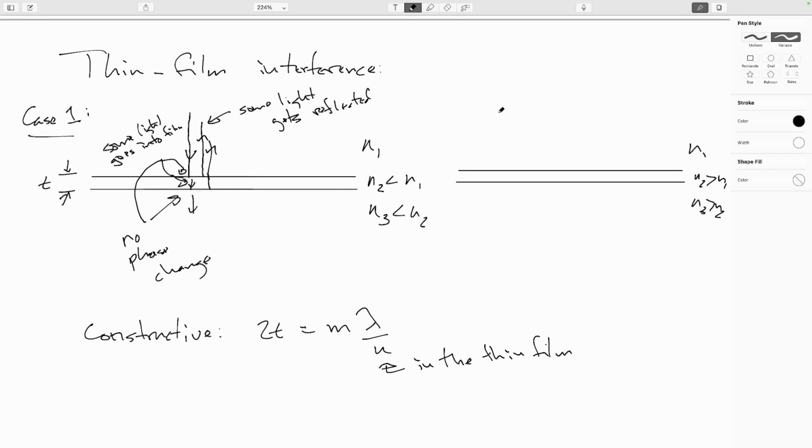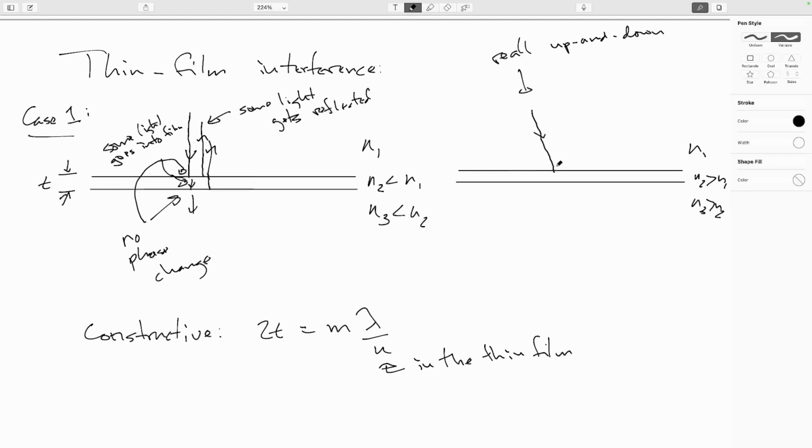Now, I'm going to draw at a very slight angle just to declutter the drawing a bit, but you should understand that I'm still thinking about this as just straight up and down. I'm just offsetting a bit to declutter.